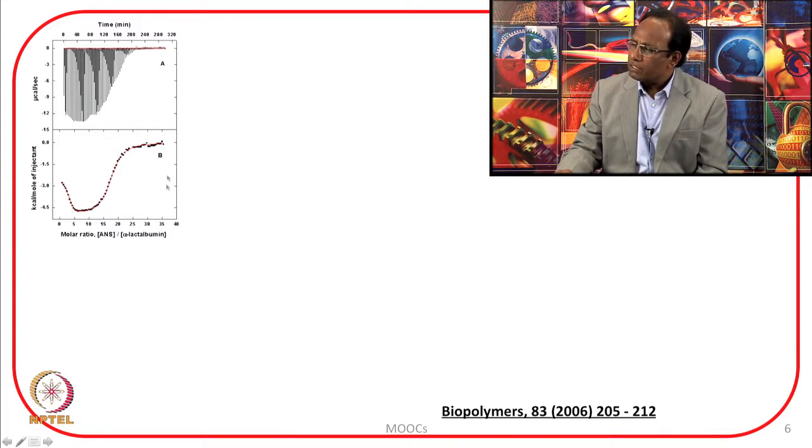How to interpret this kind of profiles? It is not a single sigmoidal kind of profile, but it shows a few variations. For example, initially the interaction is towards more exothermic side, and then there is a change and going towards the 0, that means towards the saturation of binding sites.